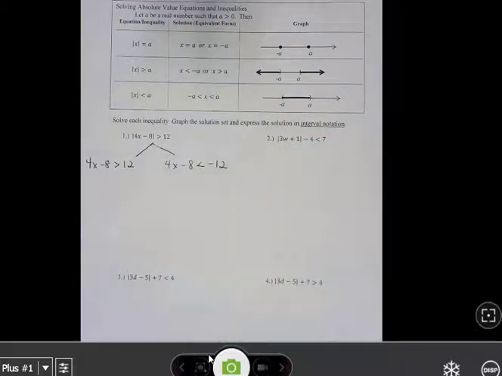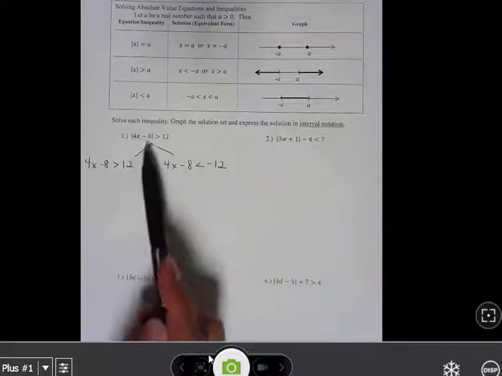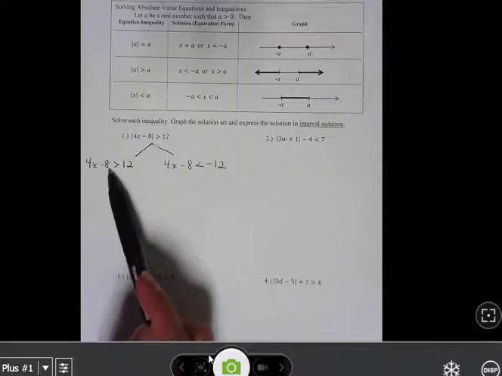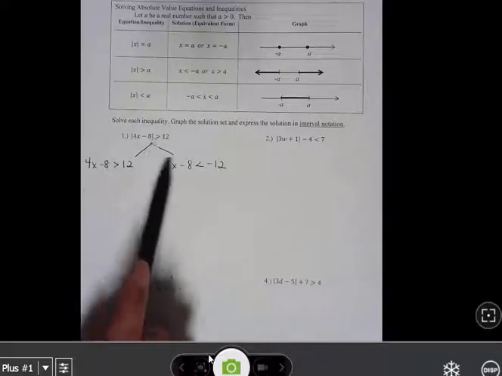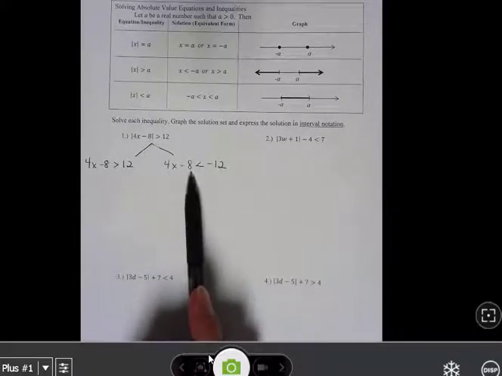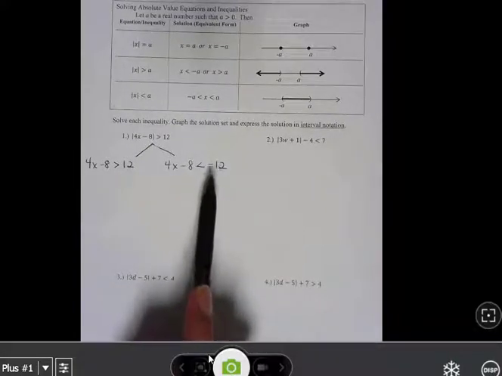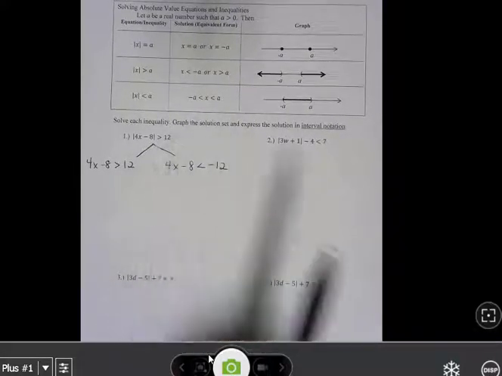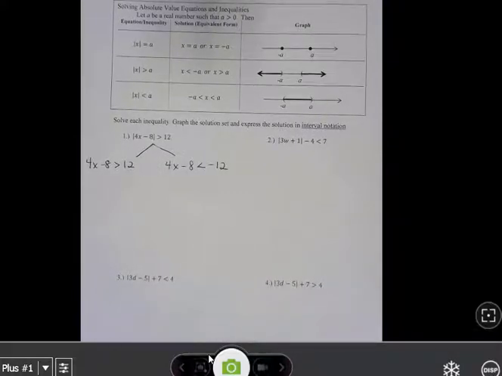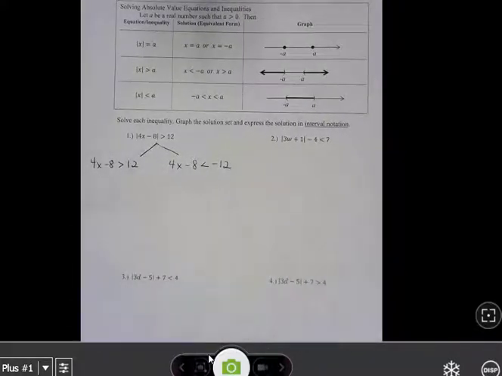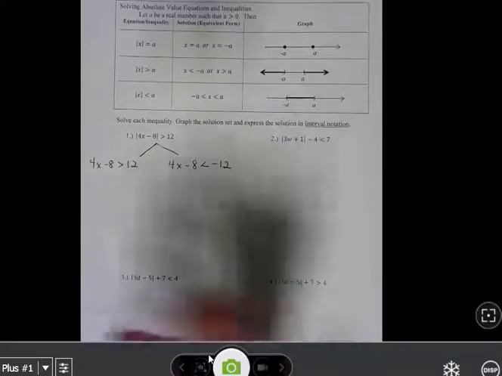I usually tell students to rewrite the original without the absolute value, and then on this side you remove the absolute value symbols and switch the inequality because you're making this negative, just like you normally would when dealing with a negative in inequalities. Then you solve each of these individually.